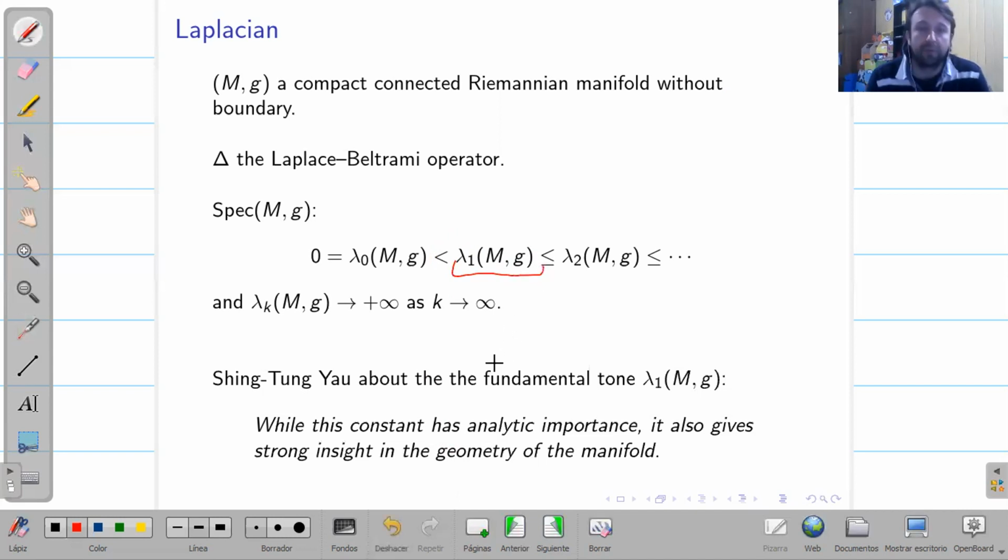Having information or estimates on it is very important. And Shing-Tung Yau explained this. He wrote that while this constant has analytic importance, it also gives a strong insight into the geometry of the manifold. Estimates for lambda 1 have applications in problems in analysis and geometry and more places.